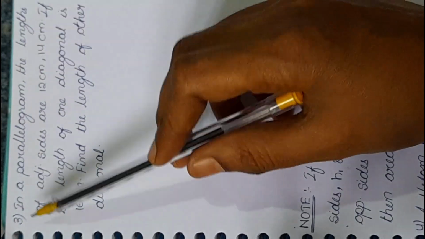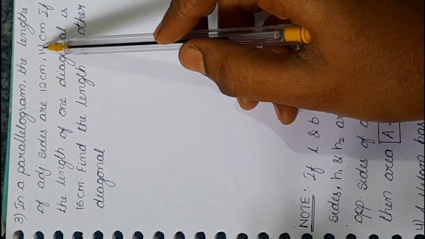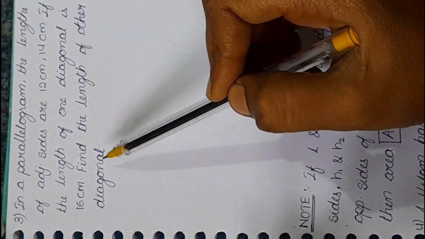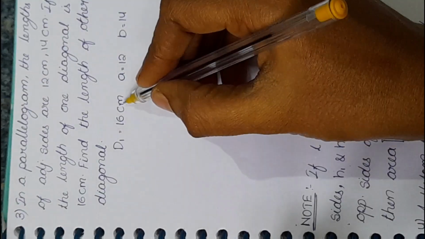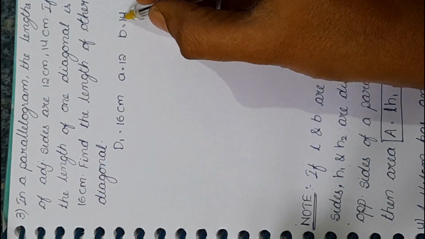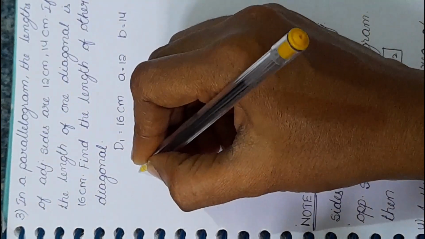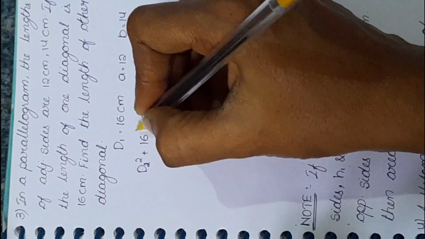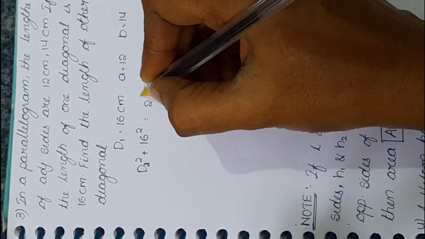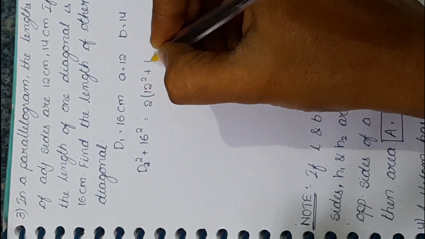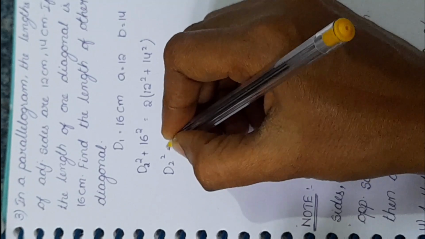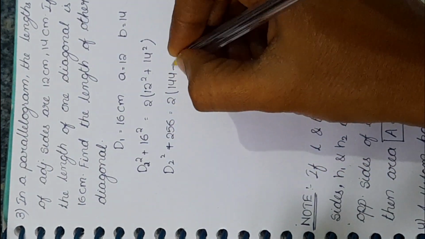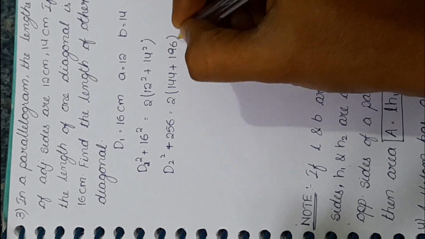In a parallelogram, the lengths of the two adjacent sides are 12 centimeters and 14 centimeters. If the length of one diagonal is 16 centimeters, find the length of the other diagonal. Here D1 is equal to 16 centimeters, A is equal to 12 and B is equal to 14. Now substituting these values, 16 square plus D2 square is equal to 2 into 12 square plus 14 square. 16 square is 256. 2 into 144 plus 196.